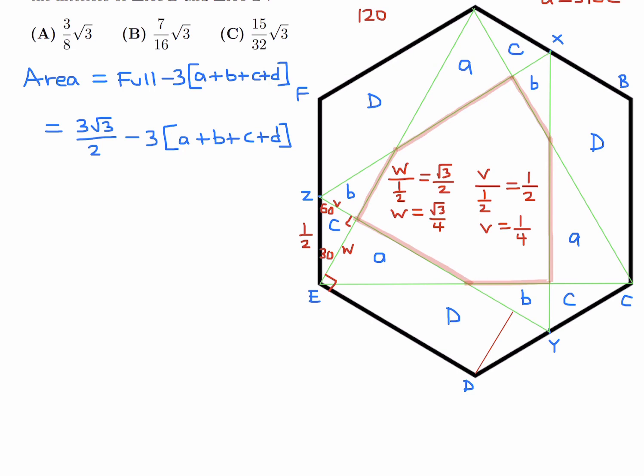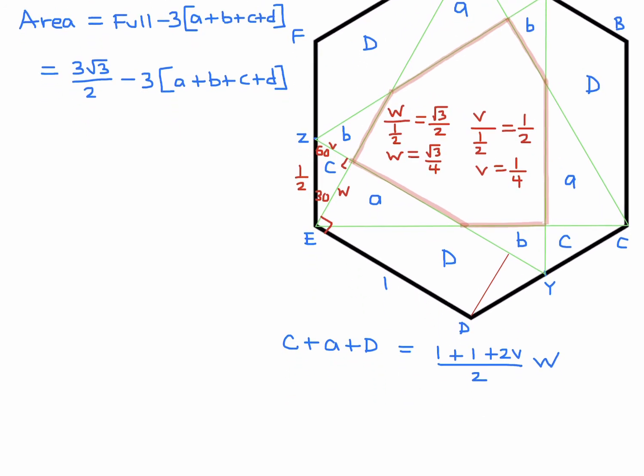So our trapezoid, C plus A plus D, is going to be the top side, which is just 1, plus this side, which looks like 1 plus 2V, all over 2, and then times the height, which is W.